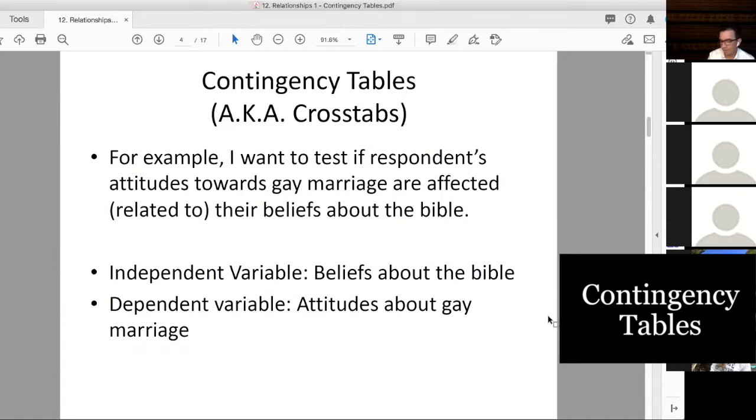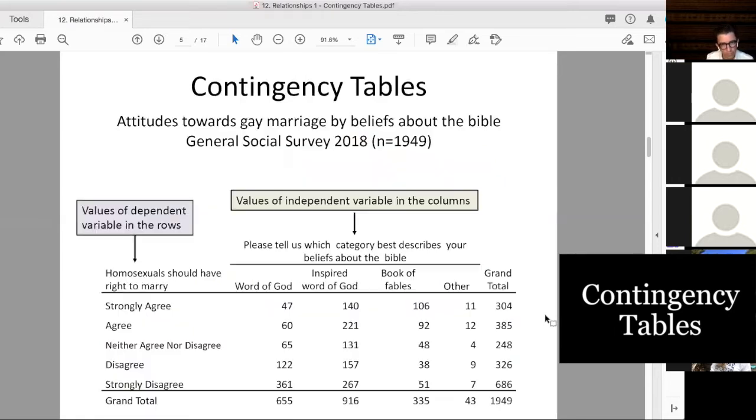So we're thinking that attitudes towards gay marriage are related to beliefs about the Bible. So the attitudes depend on the beliefs about the Bible, right? So the independent variable is the beliefs about the Bible, and the dependent is the attitudes towards gay marriage.